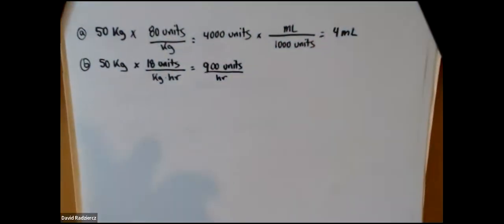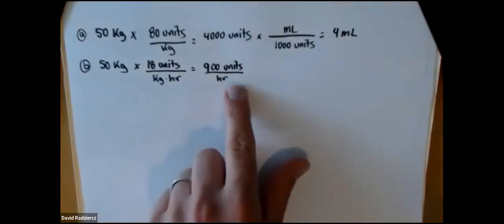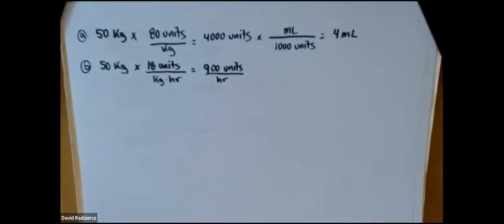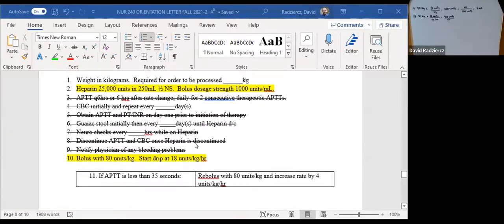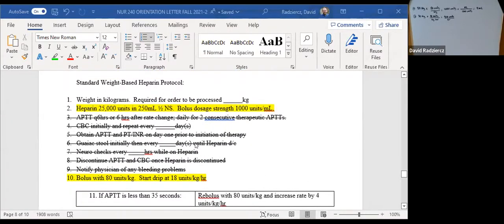And again, you could set this up exactly like we were setting up the other ones, where you do the 900 units per hour. And then you look at the protocol. Protocol says that we have heparin 25,000 units in 250 milliliters half normal saline.